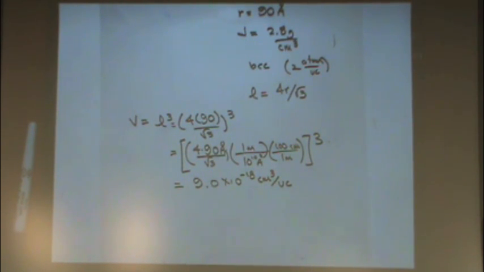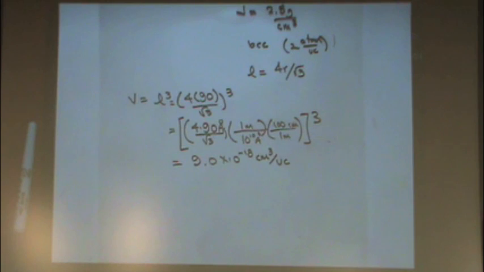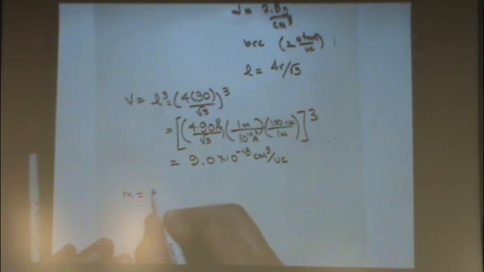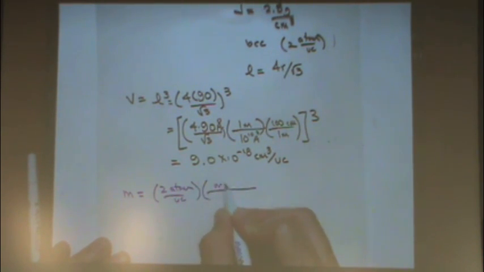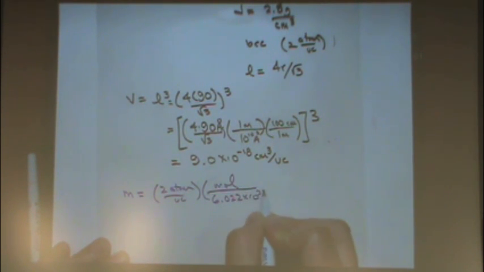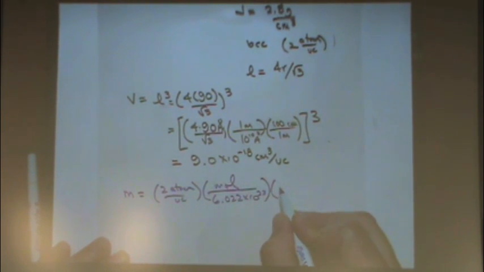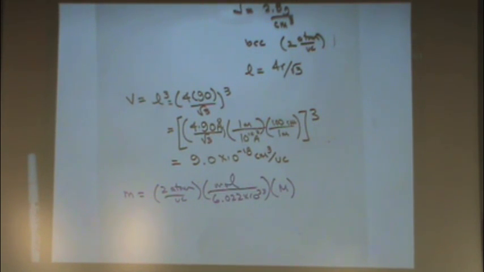Now let's work on the mass. I'll get a different color for the mass here. The mass is the number of atoms per unit cell, that's 2. And I can change that to moles by dividing by Avogadro's number. And then if I multiply by the molar mass, it'll turn into grams, but I don't know the molar mass, that's what they asked me for.